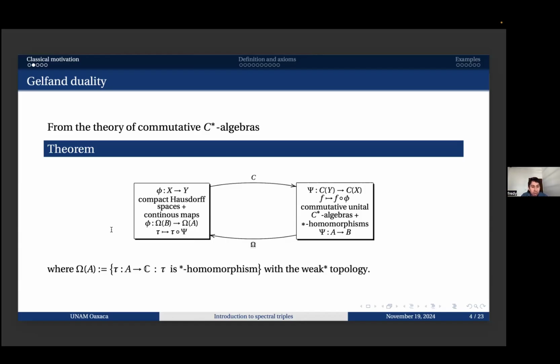But okay, we have this duality. So now the question is if we have an analogous dual object corresponding to topological spaces with more structure.